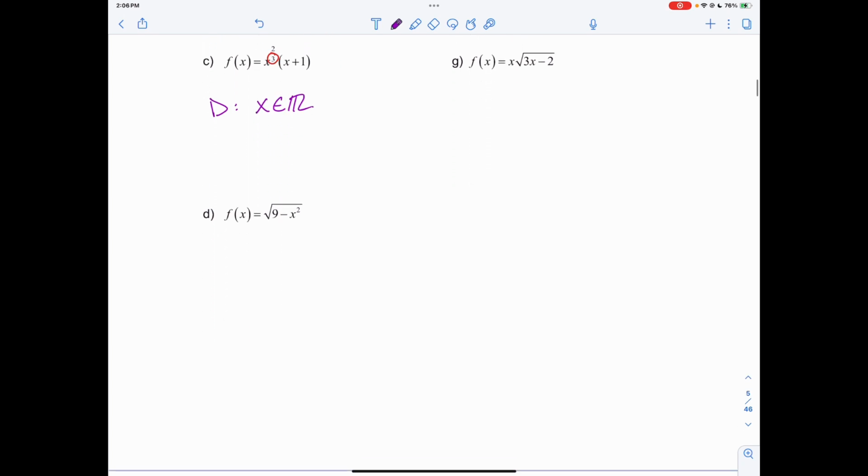Whereas when I get to example D, this is a square root, which means that my domain is going to be based on the fact that 9 minus x squared has to be greater than or equal to 0. Or negative x squared plus 9 has to be greater than or equal to 0. I'm going to divide both sides by negative 1 to get x squared minus 9 has to be less than or equal to 0.